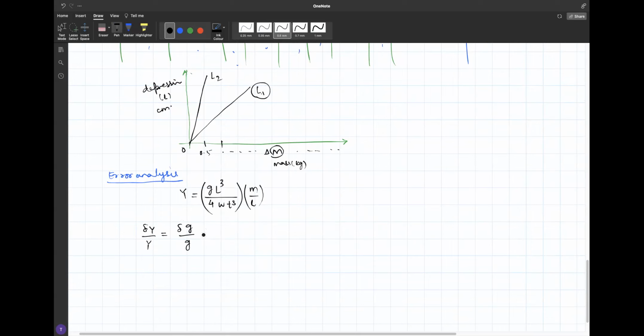I'm writing, just check if you're fine with this. So 4 is just a constant, right? Or maybe I write it, and then we can take it as a constant.